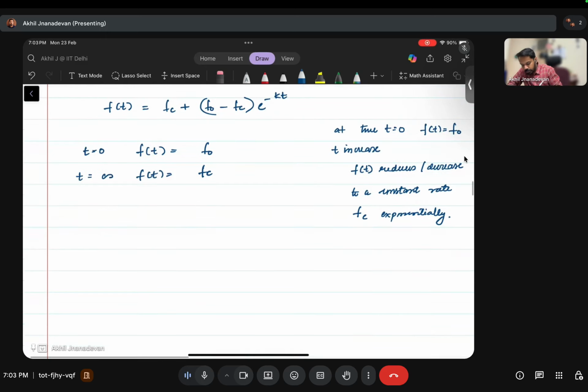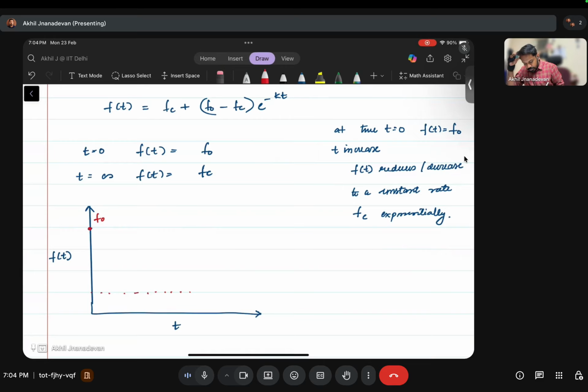If we show it with the help of a graph, if I plot time on the x-axis and infiltration rate f of t on the y-axis, initially it will be f naught, right? And finally it will reach a constant rate.